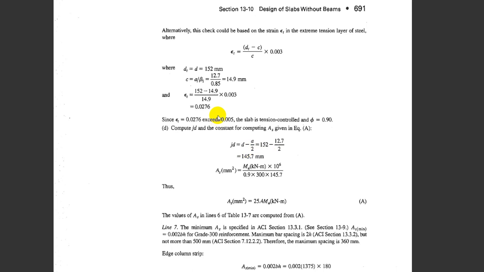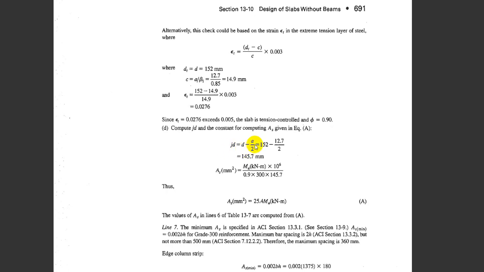So we calculate here all the necessary information to calculate the compressive concrete depth. This is a review, but I'm just trying to refresh you one more time, and you should be able to review yourself for the other examples here. Okay, we got all this, calculated very easily, and we also calculate this one, jd, right?